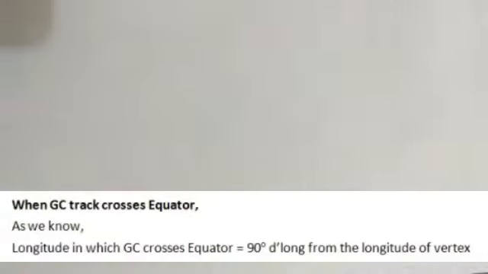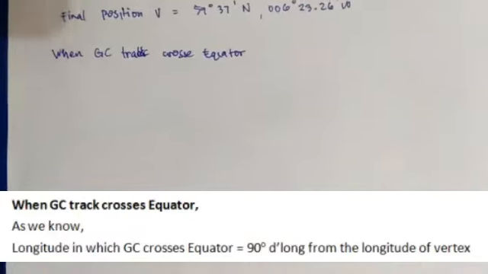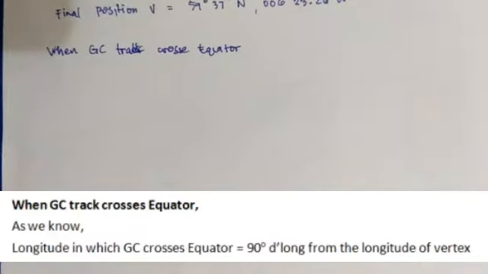As we know, the longitude at which the GC crosses the equator is equal to 90 degrees d-long from the longitude of the vertex.